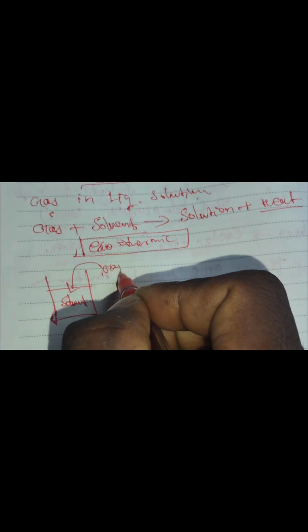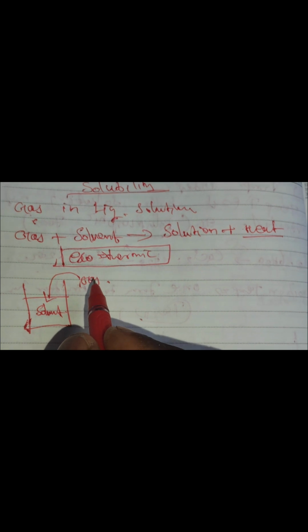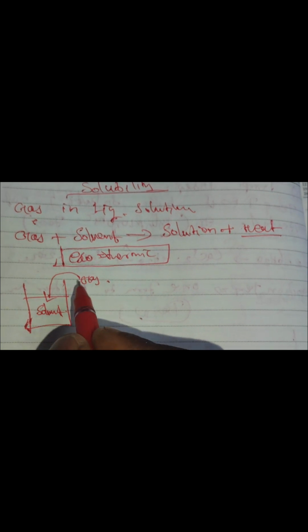We know that if the system is open, the gas's intermolecular distance is the highest, so the randomness increases for a gas. If the system is open, the gas cannot be dissolved into the liquid solvent.